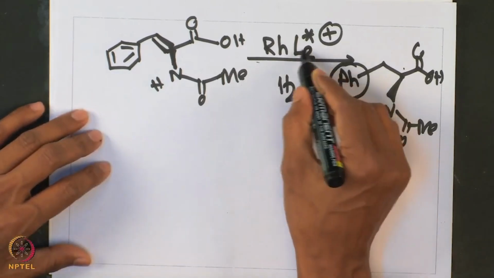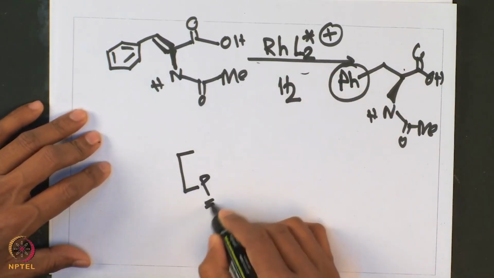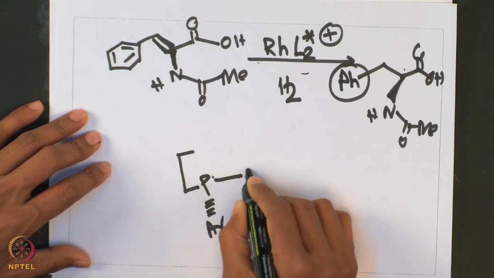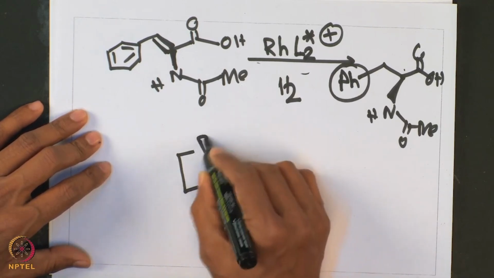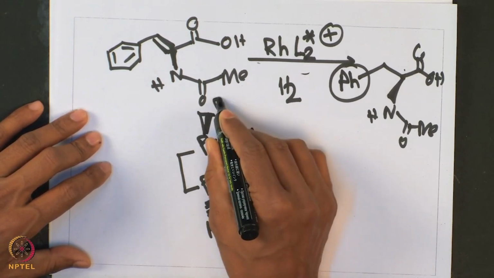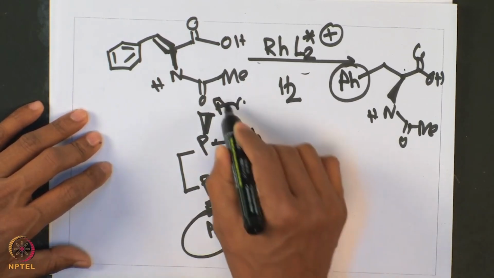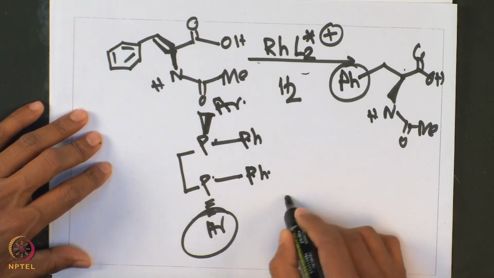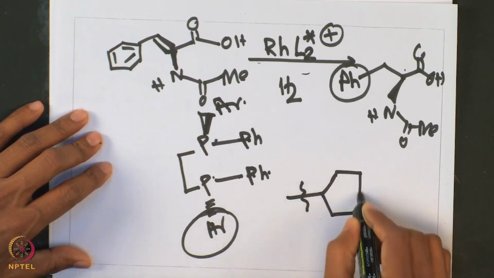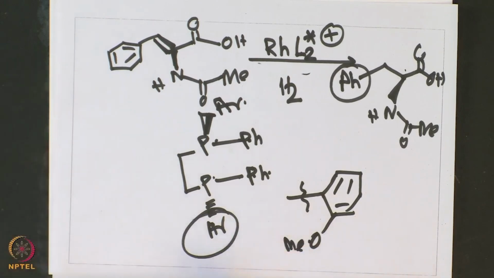Now, the ligand used in this case is a bisphosphine ligand, where you have this phosphine center as the chiral center, and these aryl groups, for example, this is a phenyl, this is a phenyl, these two are aryl. This aryl group could be like ortho-methoxy phenyl, and so on.